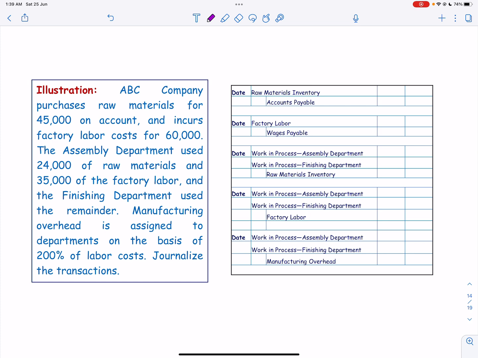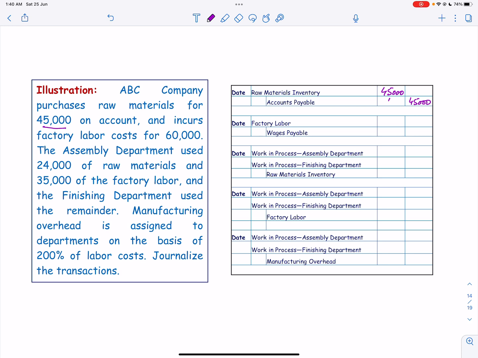ABC company purchases raw material for 45,000 on account and incurs factory labor cost for 60,000. So they are purchasing the raw material, so raw material is debited by 45,000, and because this is on account, accounts payable is credited by 45,000.